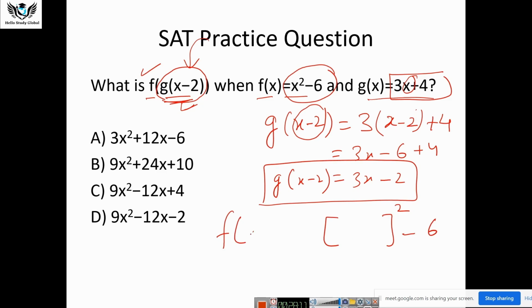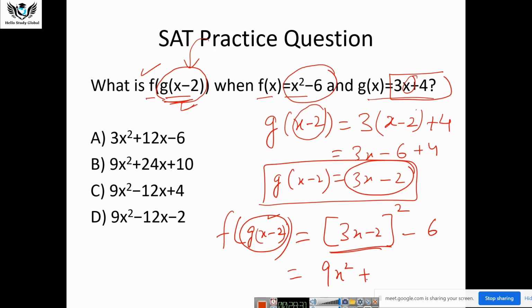So f of g(x minus 2) would be, in the input we'll have to keep g(x minus 2), which is equal to 3x minus 2. So let's calculate this. (a minus b) whole square, a square, that is 3x whole square is 9x square, plus b square, 2 square is 4, minus 2ab, 3 times 2 is 6, 6 times 2 is 12, x minus 6.